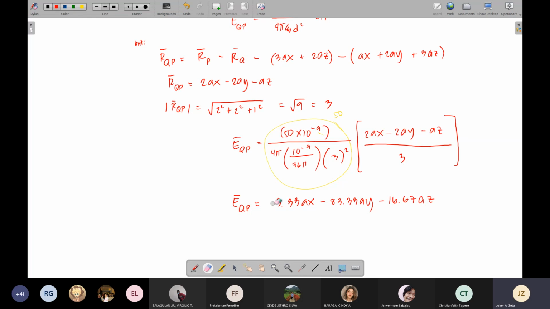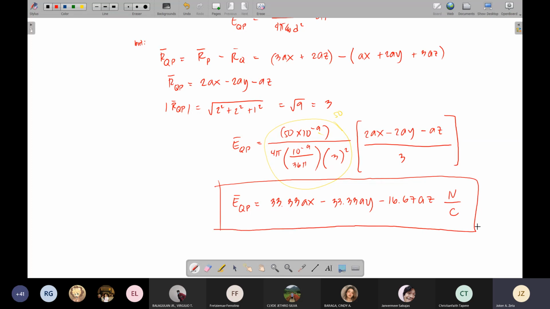It should be 33 ra. Okay, 33. Okay na, ano? There. Take note also, unit for electric field intensity, you have Newton per coulomb. There's your final answer. Okay?